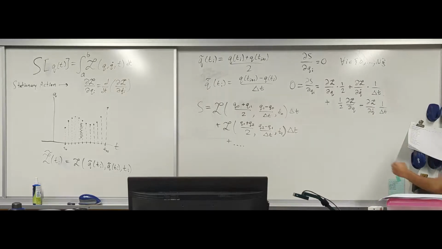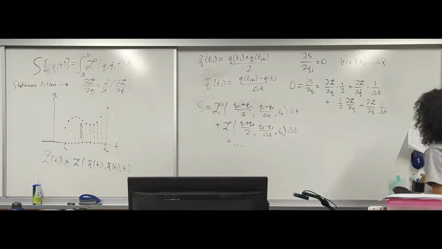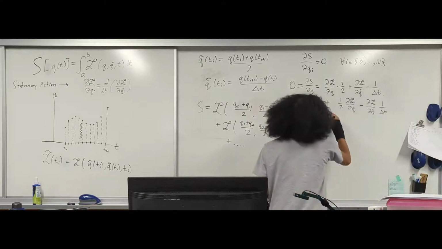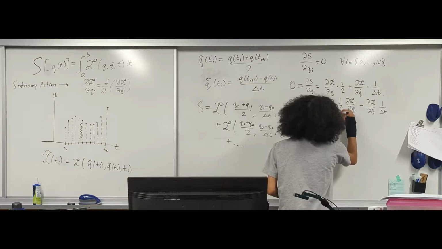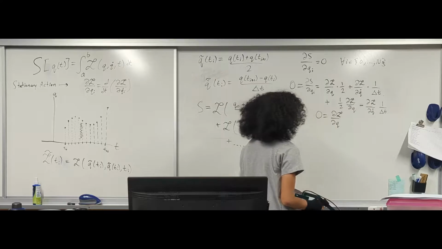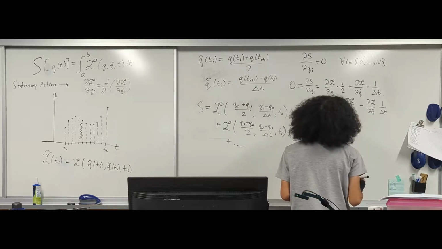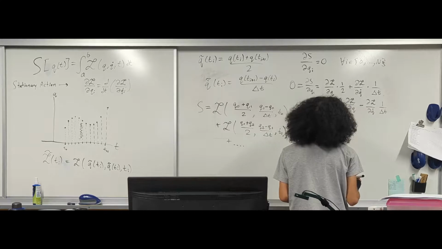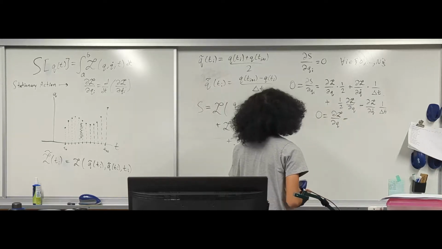Well, we can add some stuff together, right? So we get 0 equals dL by dq, and then minus, maybe I should have been a little more specific.